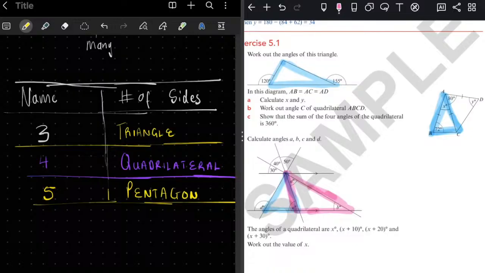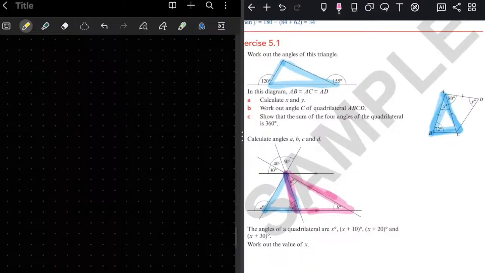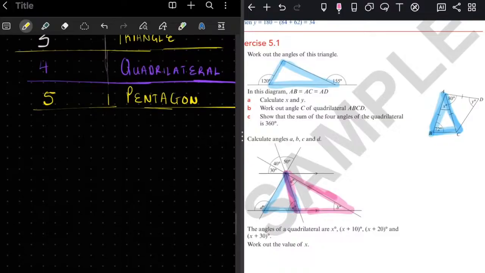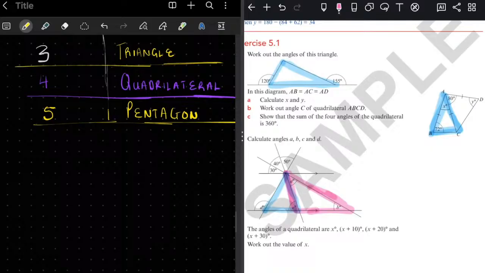A shape with 5 sides is called a pentagon. So let me close like this. What name do we give, Anaya, to a shape with 5 sides? Starts with P. Pentagon. You should practice: 5, pentagon; 4, quadrilateral; 3, triangle. And then 6.